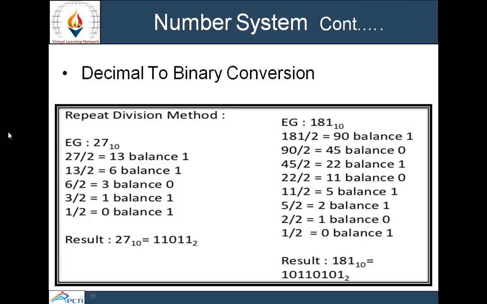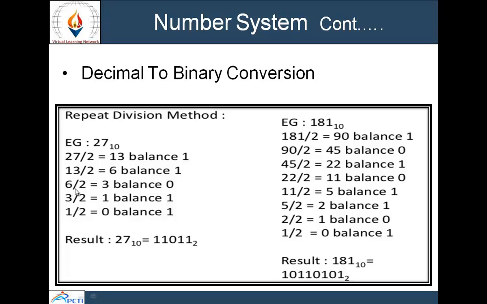You can see here, if we divide 27 by 2, then the remainder will be 1 and the quotient will be 13. Now we will divide 13 by 2 in the next step and find out the another quotient and remainder.